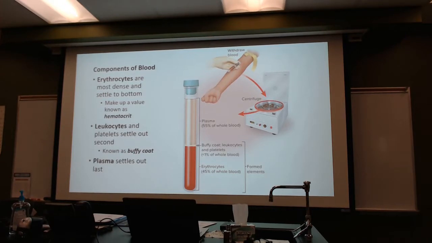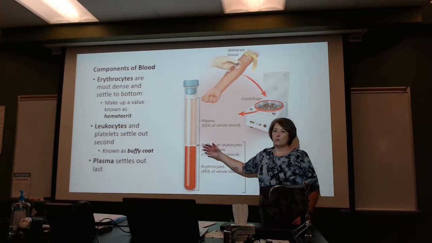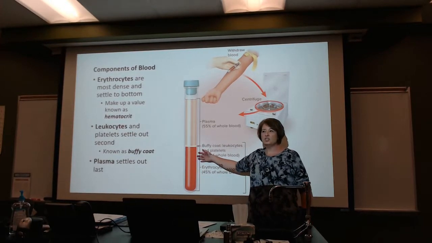For our blood, it separates based upon weight, because the heaviest separates out first to the bottom. So when they're done, this is usually what it looks like in the tube.